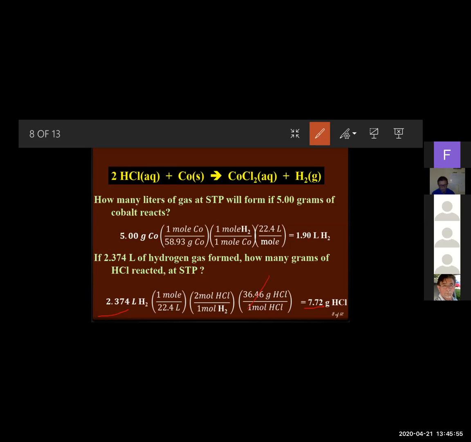These numbers are exact, 2 and 1, but the 22.4 liters per mole is a measurement. It's not exact, and there are 3 sig figs there. So our answer with respect to sig figs is governed by the 22.4. Hence, we have 3 sig figs as the answer.